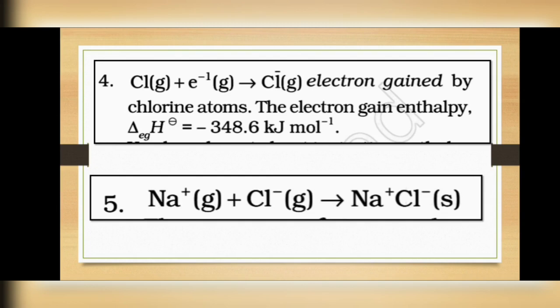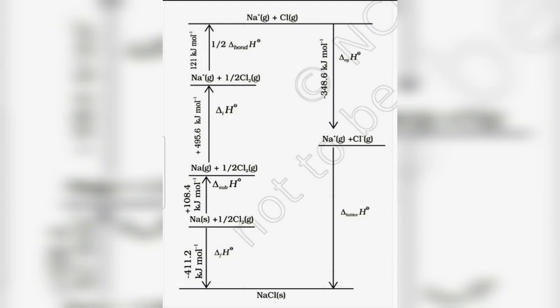Okay, so all these steps, that is the sequence of steps, are shown in a Born-Haber cycle. So we'll discuss that. This diagram is called the Born-Haber cycle, or the enthalpy diagram for lattice enthalpy of NaCl. You have to begin from the left hand side: sodium in solid state plus half Cl2 in gaseous state.